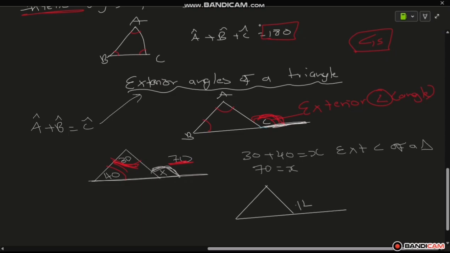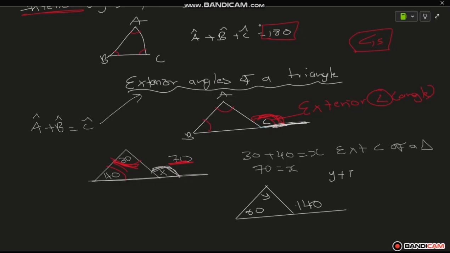You are given 140 as the exterior angle, and we have y and 60 over here. They want us to determine the value of y. What we know is that when we add y and 60, they're going to give us exterior angle 140. I hope it makes sense.